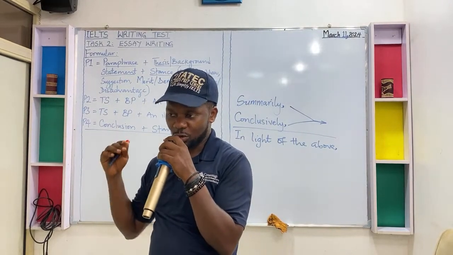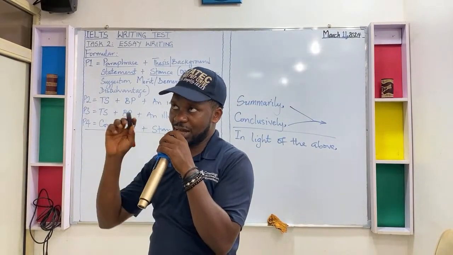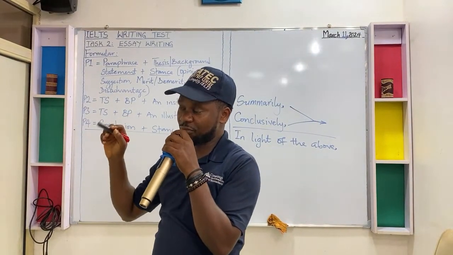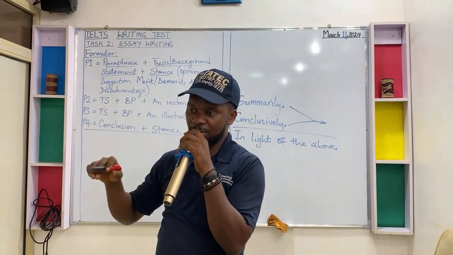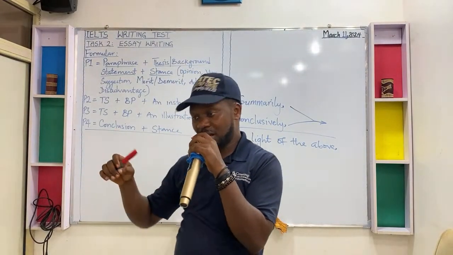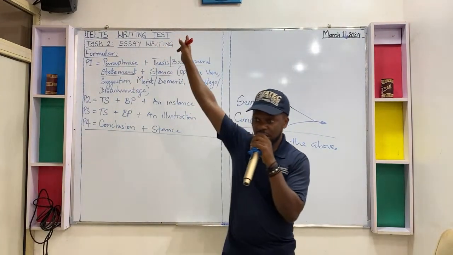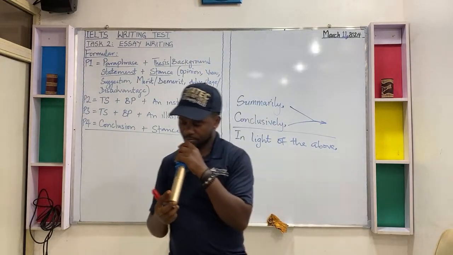You just go straight to whatever opinion you have. So, "In light of the above, I therefore believe that although the flight is economical and so on, however, there is the need for government to do so and so." You're giving whatever opinion you stated in your paragraph 1, you're bringing it down in a rephrased manner.